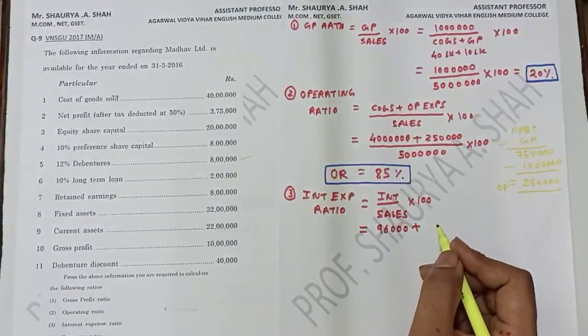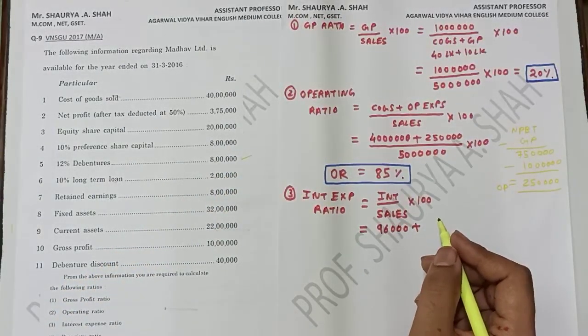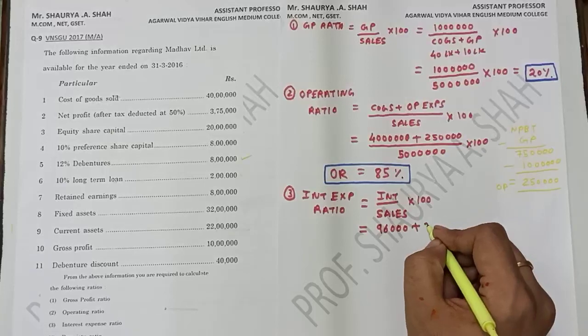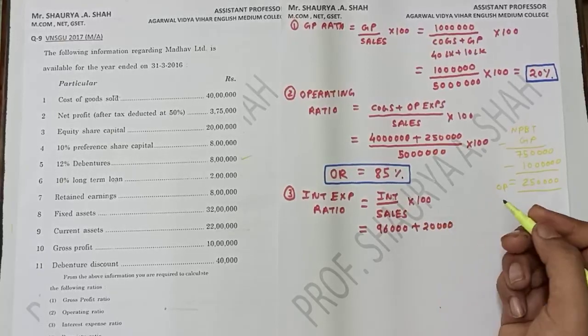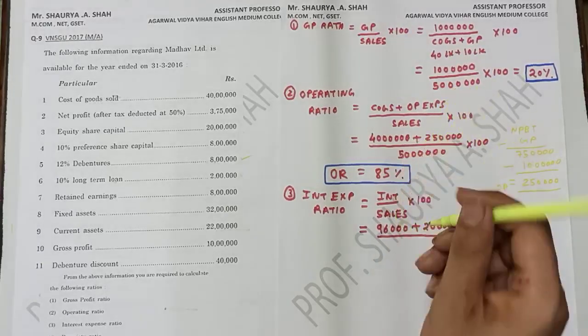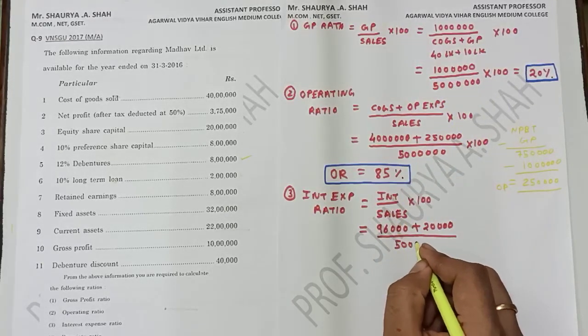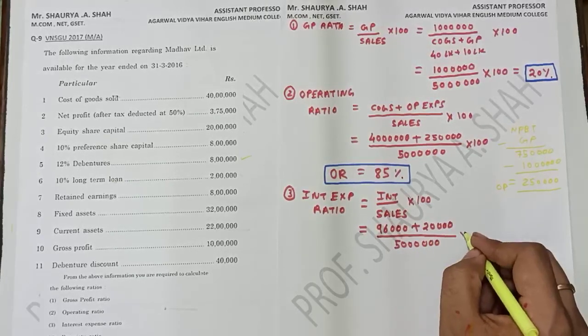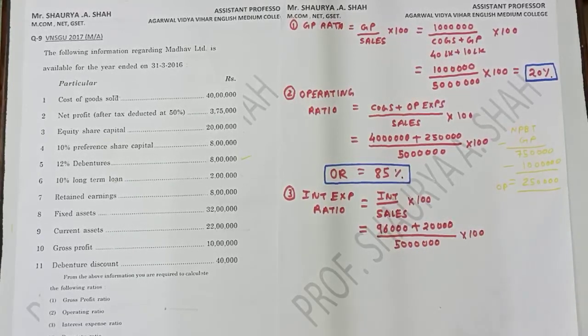Plus 10% long-term loan on 2 lakh. So the interest will be 20,000 rupees divided by sales. Sales we know, we have found it out, 50 lakh, into 100. So we'll get the answer, students, of the interest expense ratio. You can find it out. What is the answer for interest expense ratio, students?